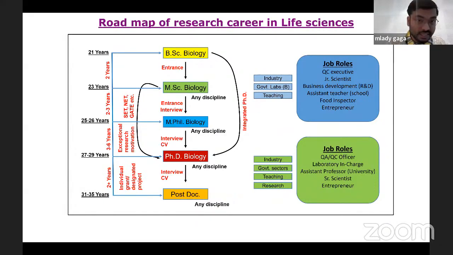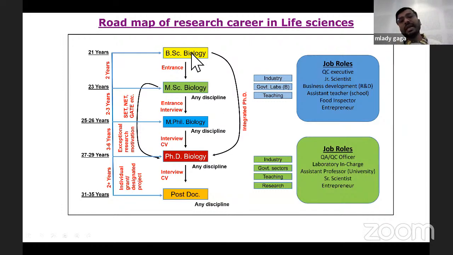You can convince people that, look, I already did it, so you should take me. Also, after MPhil, you can join PhD. It's also by interview and your CV. CV means curriculum vitae. It's what you did in your MPhil or your last studies, for example, what papers you published, what techniques you learned, what topic you worked on, and so on.